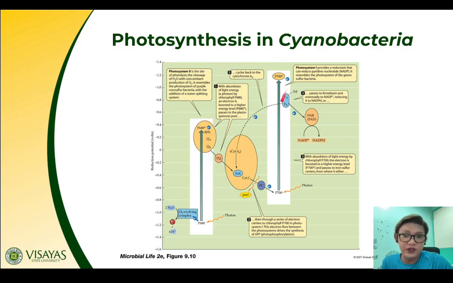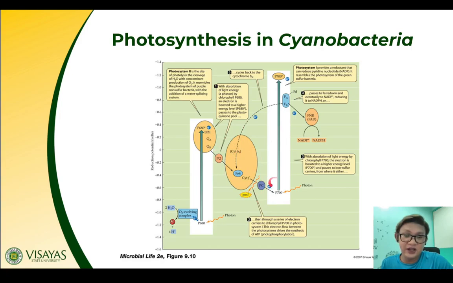I know you already know this. As photons are absorbed by the chlorophyll at P680 in photosystem 2, the electron is donated, becomes excited and is passed through the electron transport system, which produces ATP in the process.